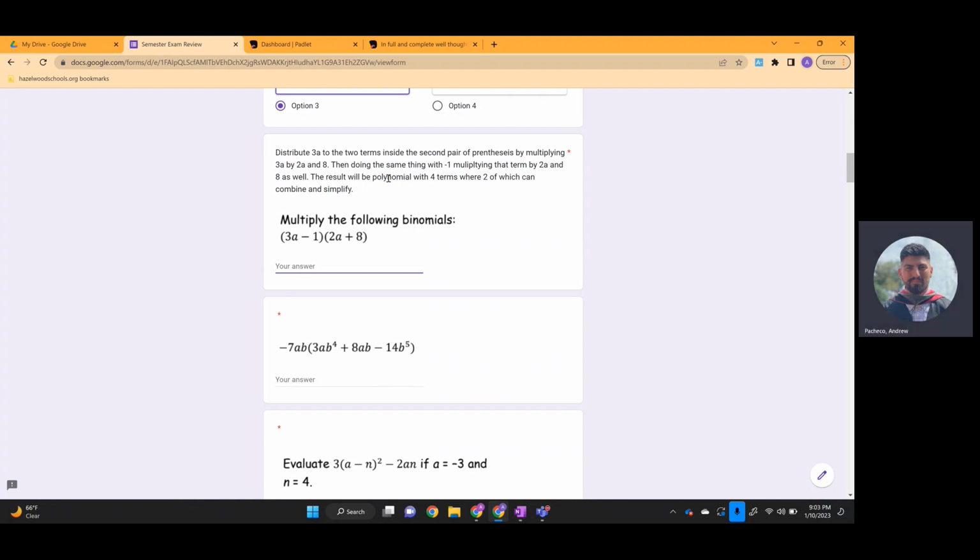The result will be a polynomial with 4 terms, where 2 of which can combine and simplify. I'm pretty sure you should know how to do these problems, but I want you to be able to form complete and well-thought sentences on the steps that you would take to solve these problems.